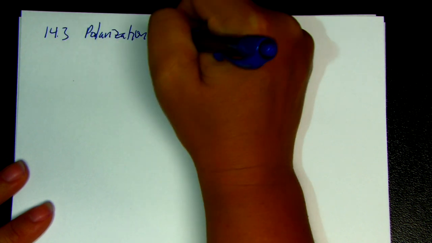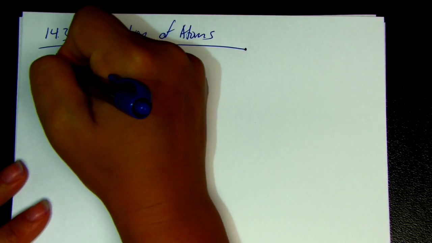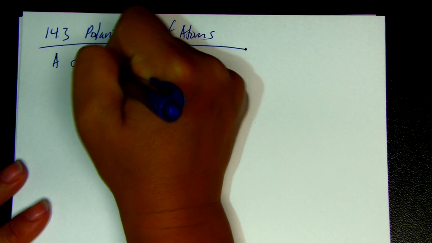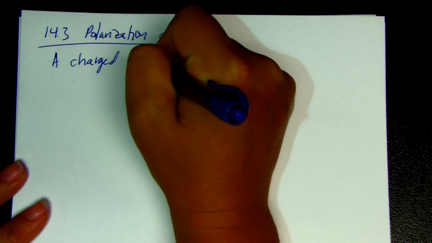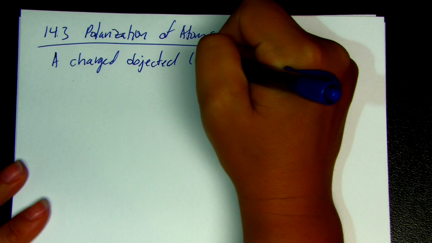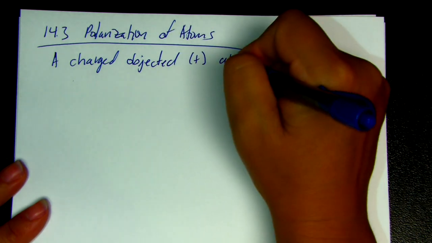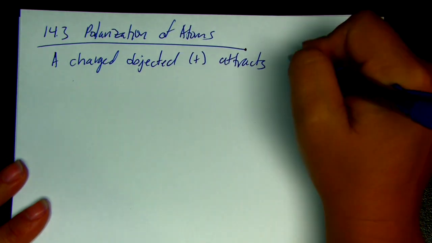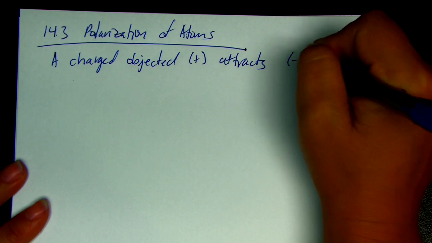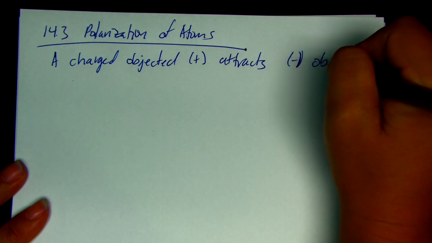All right, so continuing on with section 14.3, polarization of atoms. So we know that a charged object, let's say it's a positively charged object, attracts a negatively charged object.